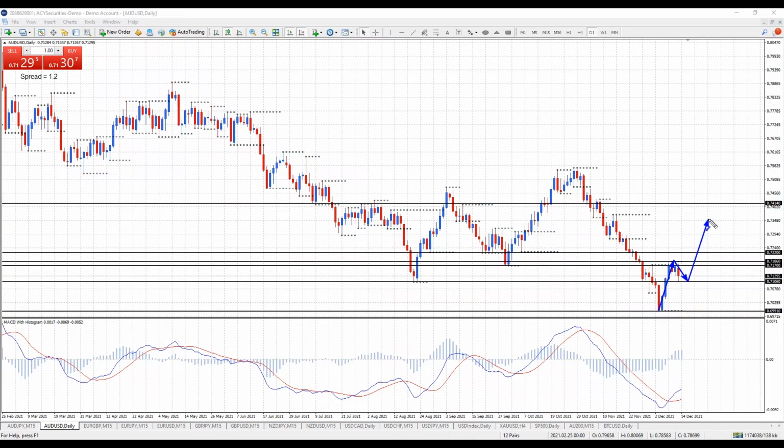So could retrace up to like a 62 or a 79% retracement of that major decline that we've had. Time will tell as to whether the buyers can come into the market and push it further up, or are the sellers taking back control. Time will tell. Let me just clear that off.